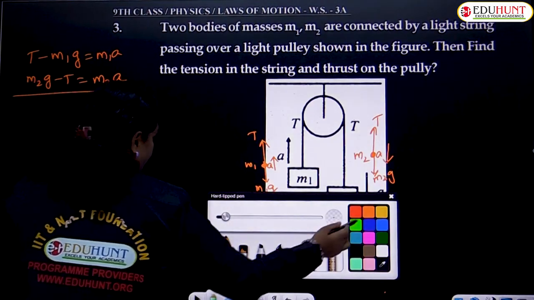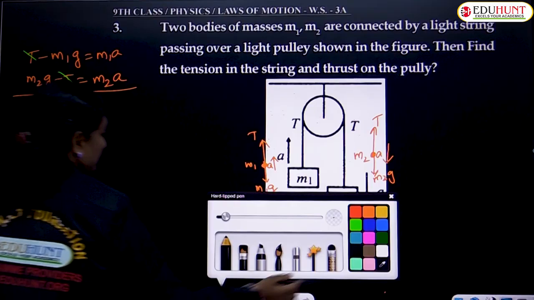So we know that plus T and minus T get cancelled.